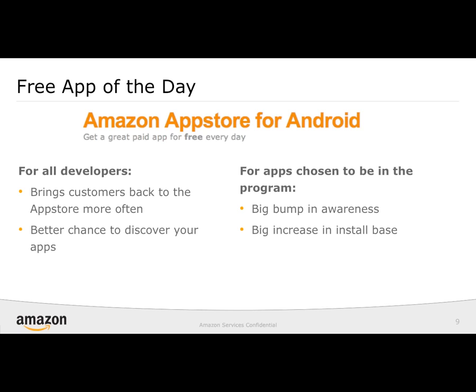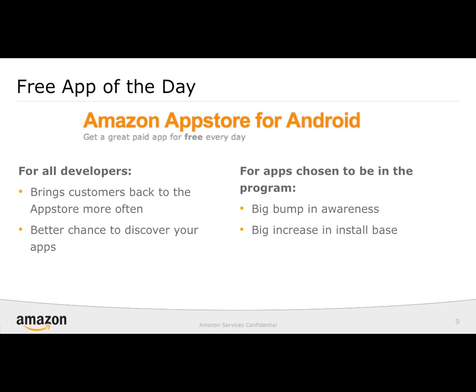This is a great way to get visibility, and a lot of people can review your app and give your publishing house a lot of exposure. But it's even a great way to get exposure if you're not one of the 365 apps selected. What this program does is it gives all of our store users a really good reason to come back, if not every day, fairly frequently, so they can see what the free app of the day is.